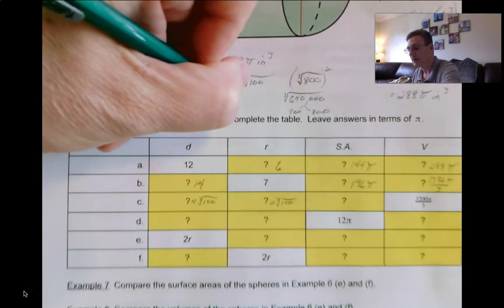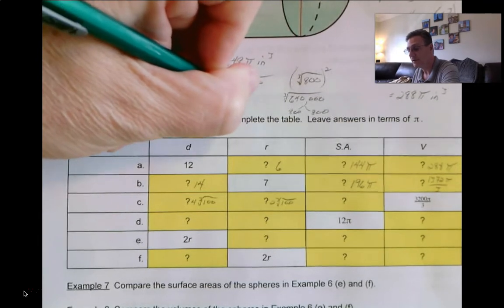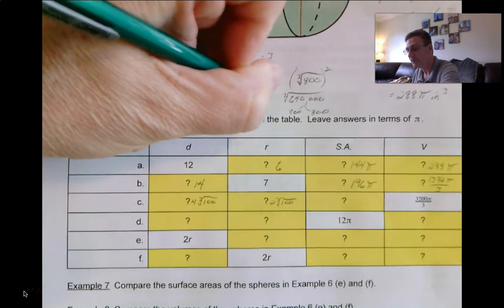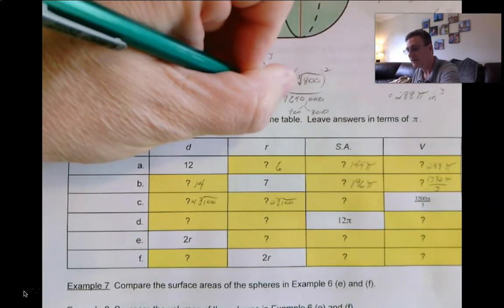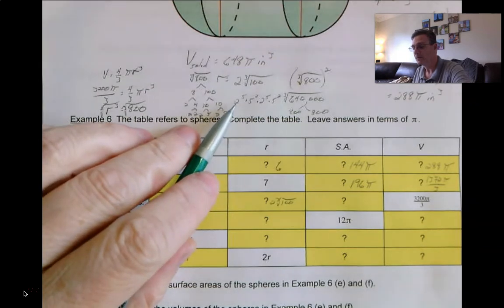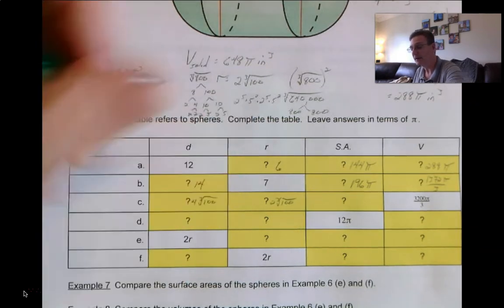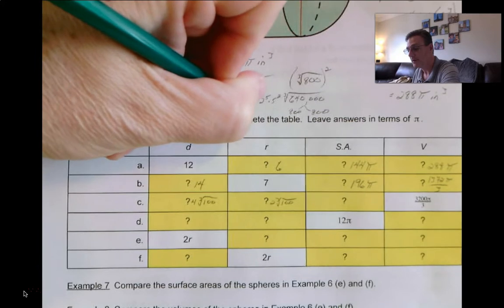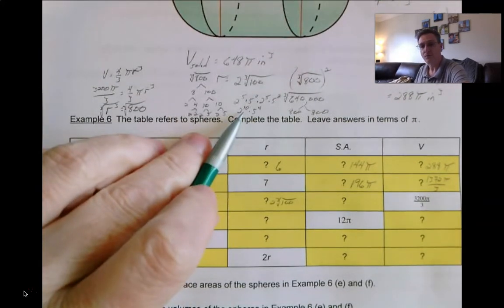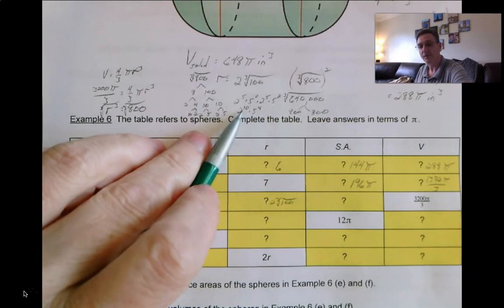So what I have is 2 to the 5th times 5 squared times another 2 to the 5th times another 5 squared. Right? So this is 2 to the 10th times 5 to the 4th. How many groups of 3 do I have? I've got 3 of these.